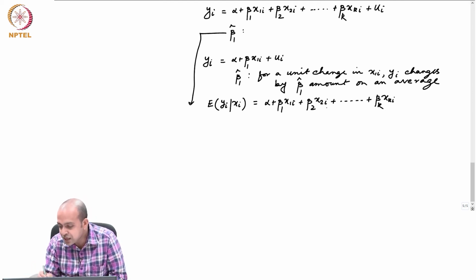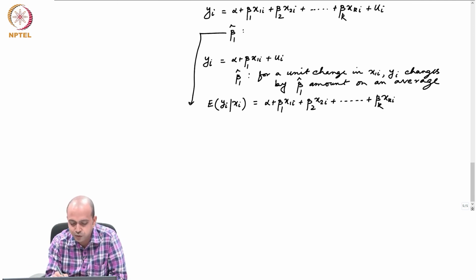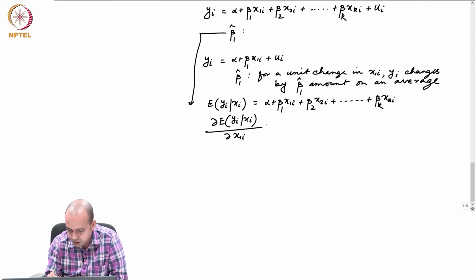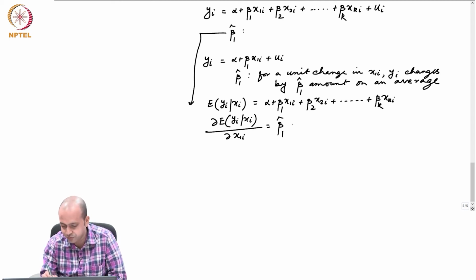Now, if you differentiate this expectation of yi given xi partially with respect to x1i, what you will get? This is the partial derivative of the expectation of yi given xi with respect to x1i, that is nothing but your beta 1 hat.